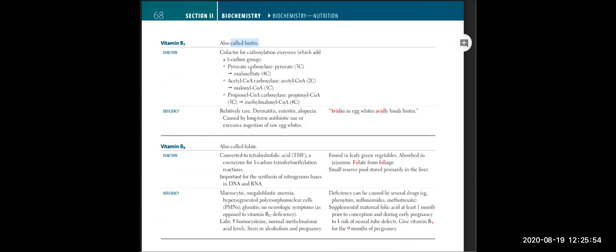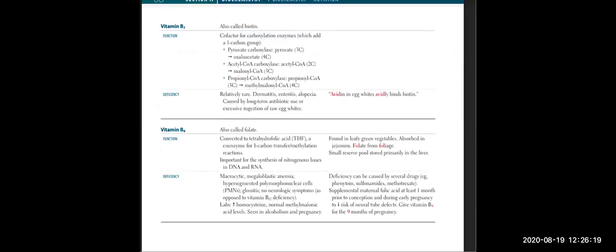You see, it is a cofactor for carboxylation enzymes. So all these enzymes which they have named over here, like pyruvate carboxylase or acetyl CoA carboxylase or propionyl CoA carboxylase, I told you not to remember the names of the enzymes, just remember that B7 is a cofactor for carboxylation enzymes.